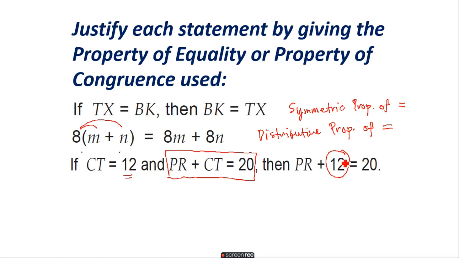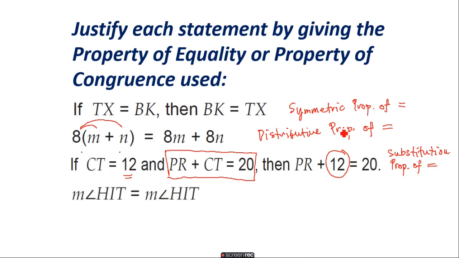Therefore, what property is being illustrated in this example? Okay, very good. So this is actually the substitution property of equality, because that is an equal sign, so we use the equality symbol.